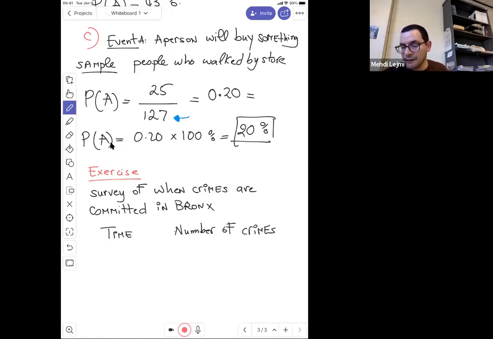Let's say from 6 a.m. to 12 p.m., the number of crimes is 290. Let's say this is last year.